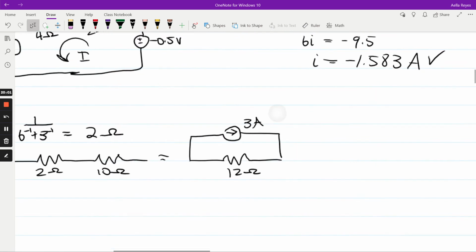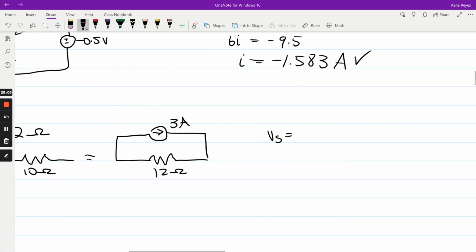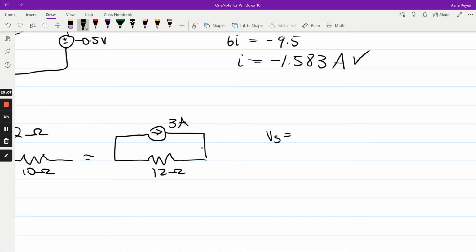So we're just going to source transform this really quick. So Vs equals the current source, which is 3 amps, times the resistor in parallel, which is 12 ohms, and that's 36 volts.